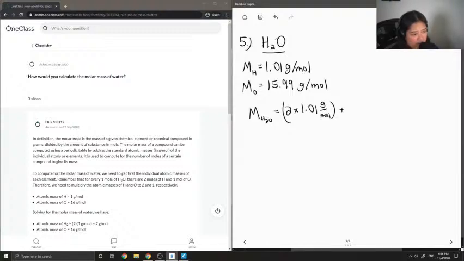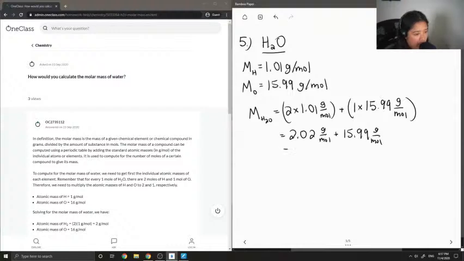And then I'm just going to add 1, to show that there's only 1 atom of oxygen, times 15.99 grams per mole. So we end up getting 2.02 plus 15.99. And then we get a final value of 18.01 grams per mole.